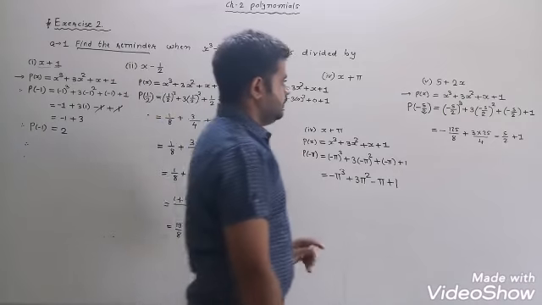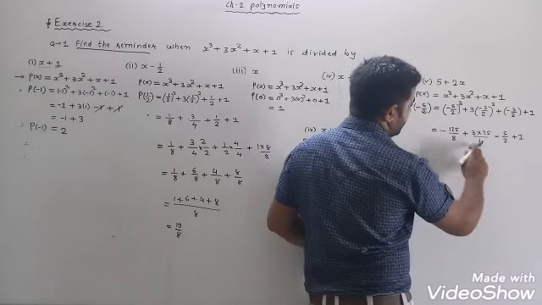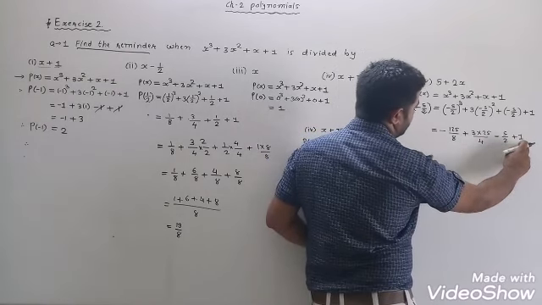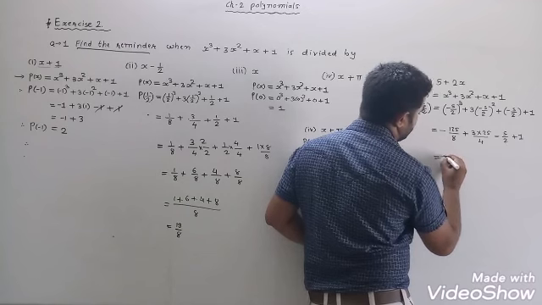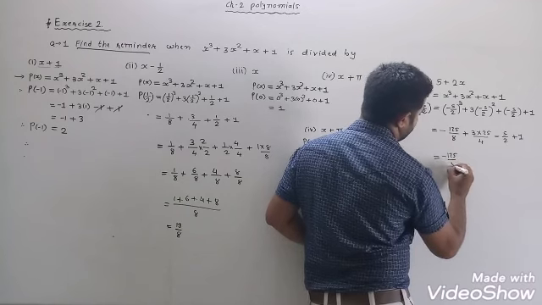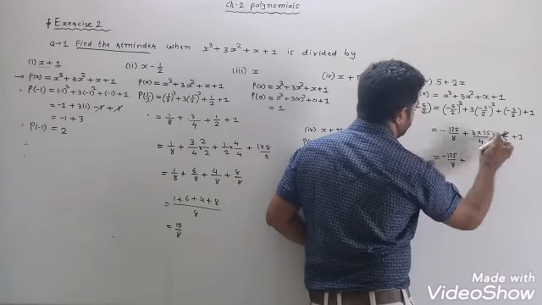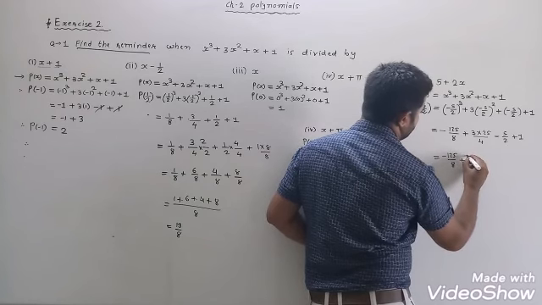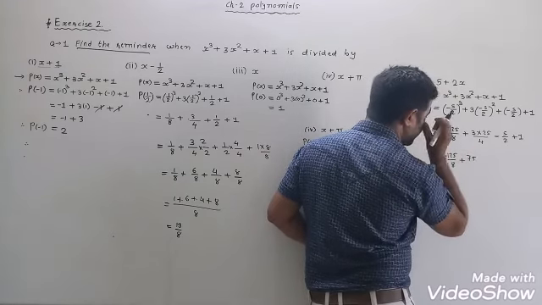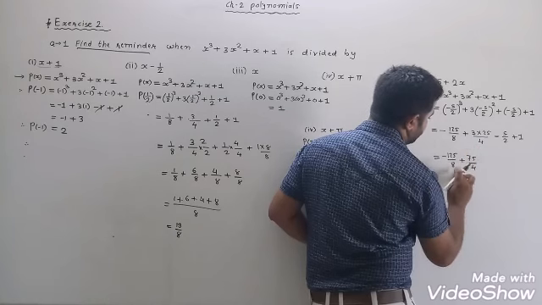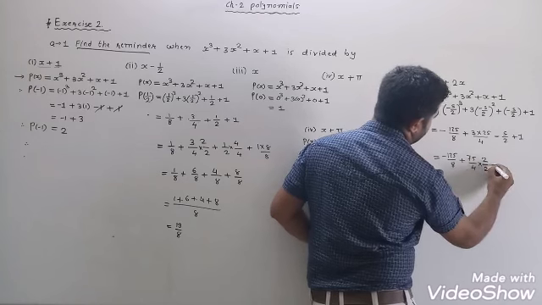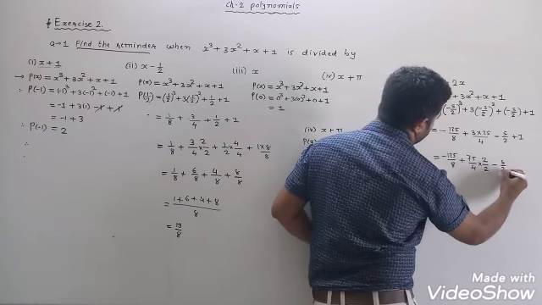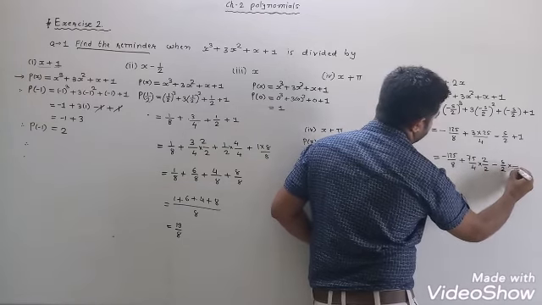Now here the denominators are 8, 4, 2 and here there is no denominator. So we have to find the same denominator. So minus 125 by 8 plus 25 into 3, that is 75 divided by 4. Here is 8, so I have to multiply by 2 into 2. Now here is minus 5 by 2, so I have to multiply by 4.